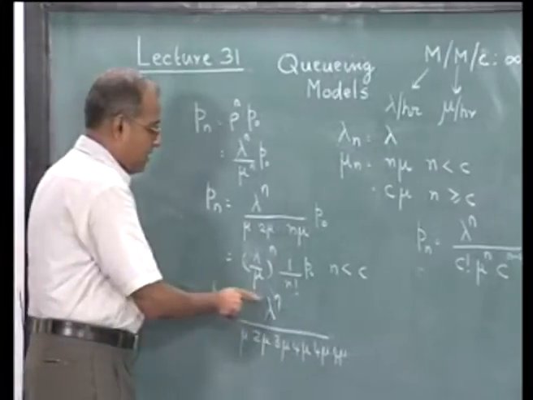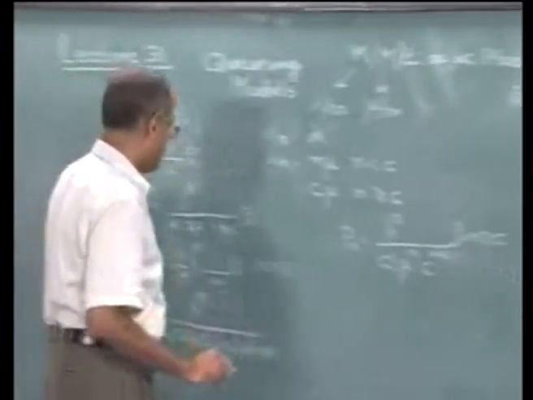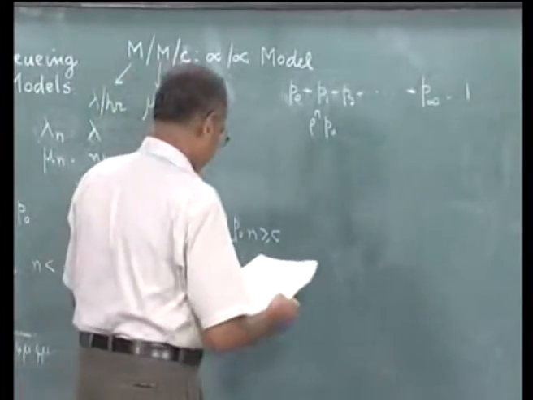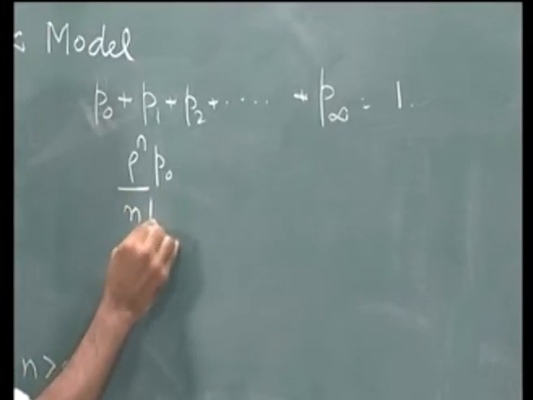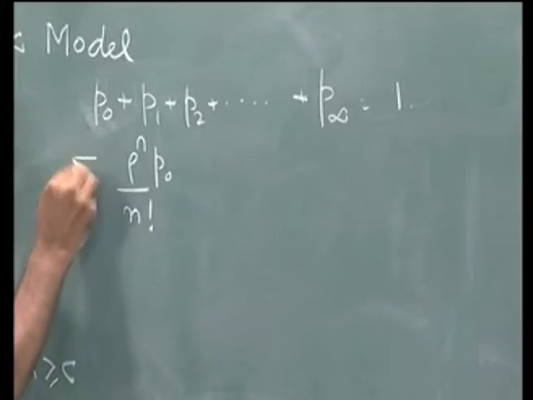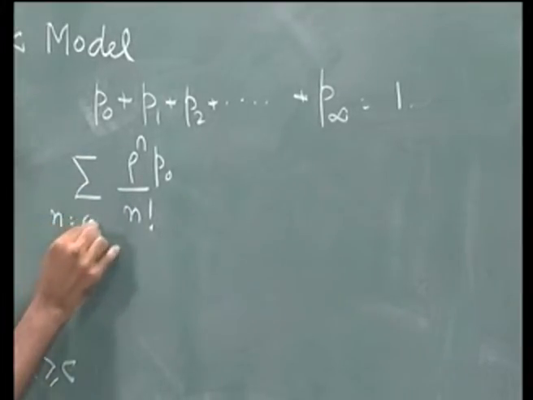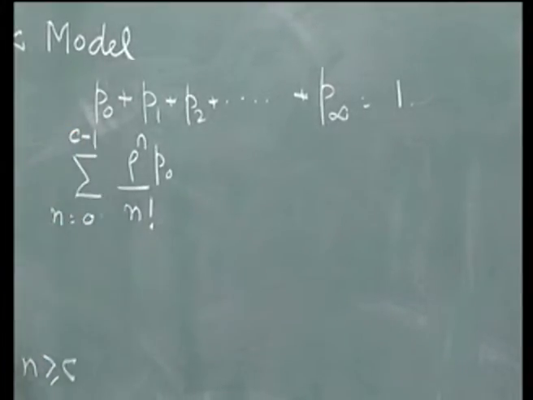So, rho power n P naught by n factorial, this is sigma n equal to 0 to c minus 1, because this is applicable for n less than c.